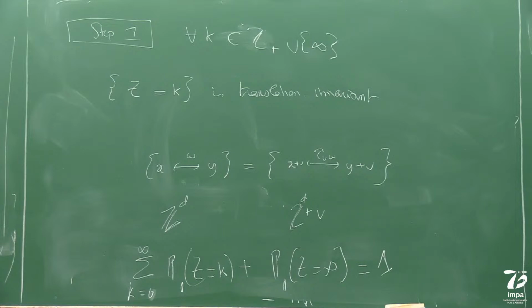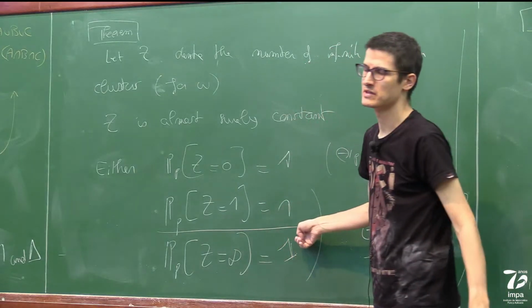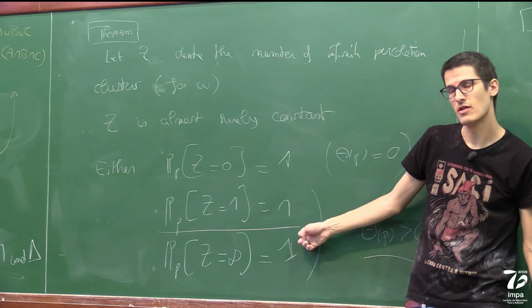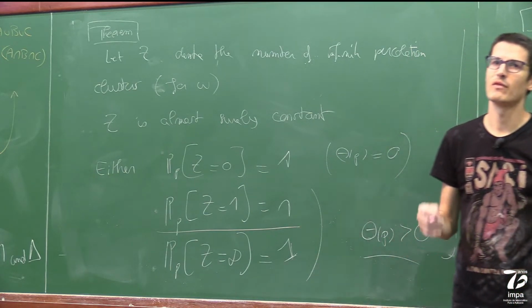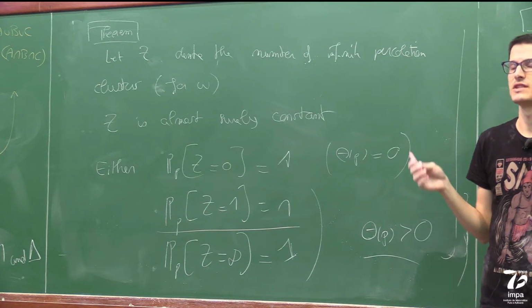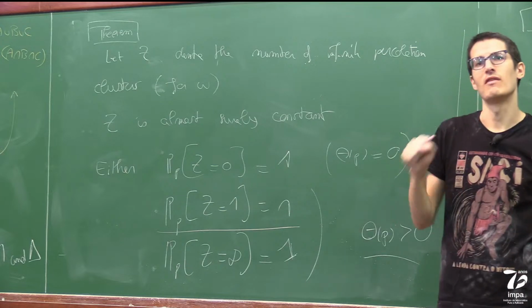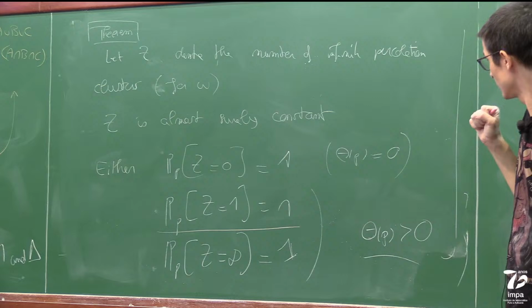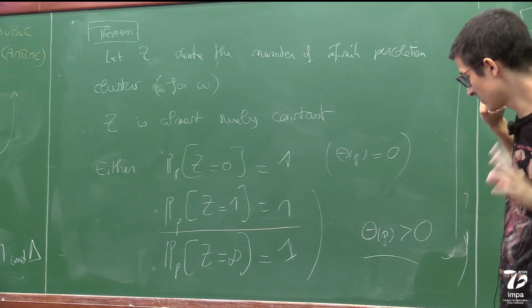Then there is a third step which is a bit different, which is to say that this is actually what happens on Z^d. Okay, so on Z^d you only have one connected component, 1 or 0, but when theta p is positive, with probability 1, you have one unique infinite connected component.